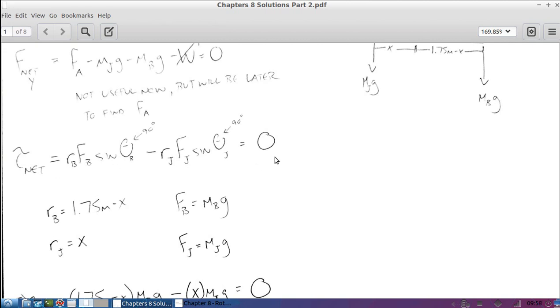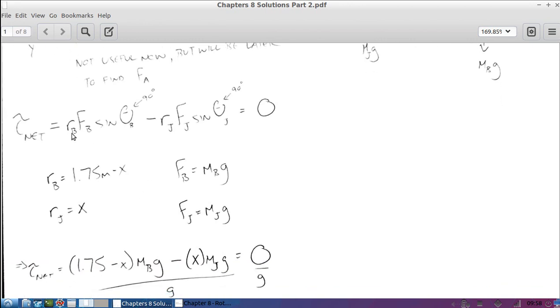Net torque, I'm setting equal to 0. Static equilibrium problem, I want the seesaw balanced and stationary. So now I'm going to substitute my expressions in for the forces due to John and Bob. They're their weight forces, m_B g and m_J g.